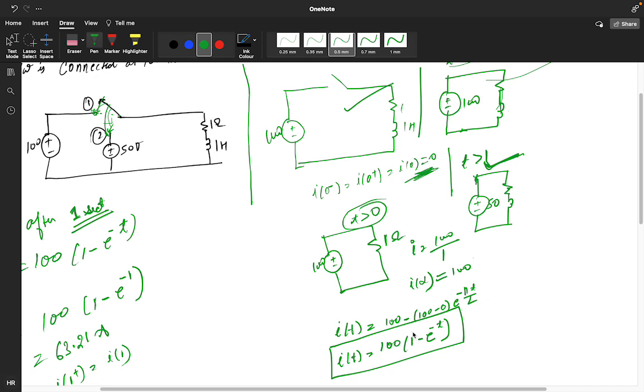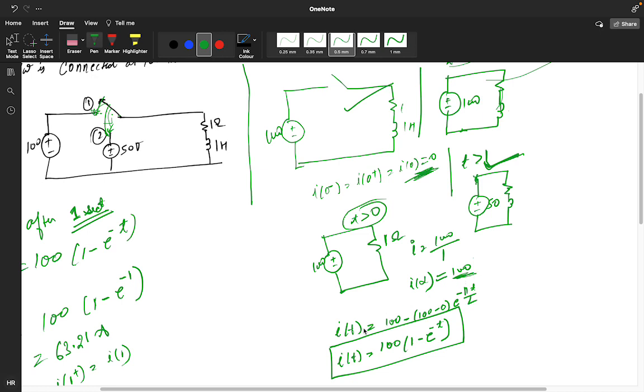So what is the equation I am getting? I am getting 100 by 1, and I of infinite is 100.